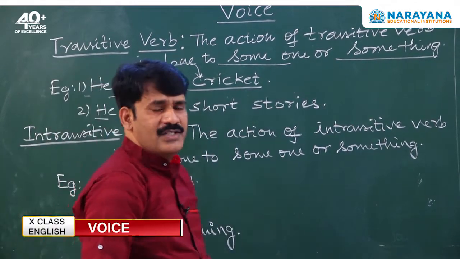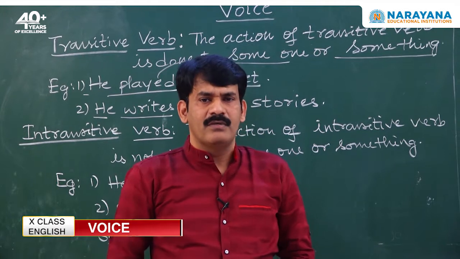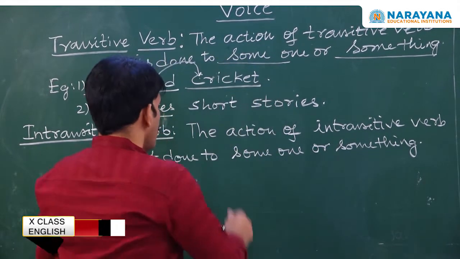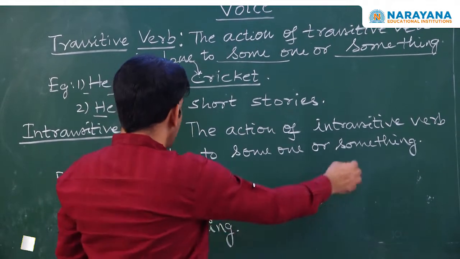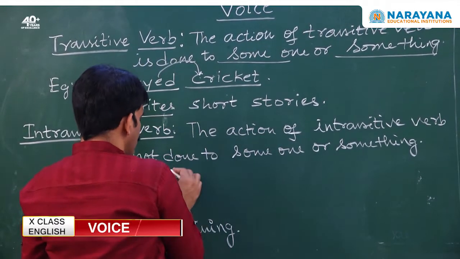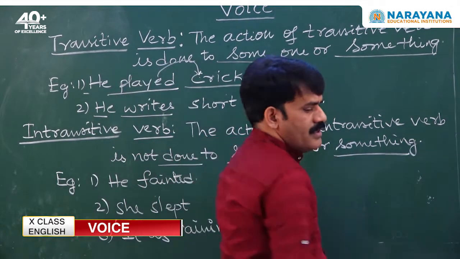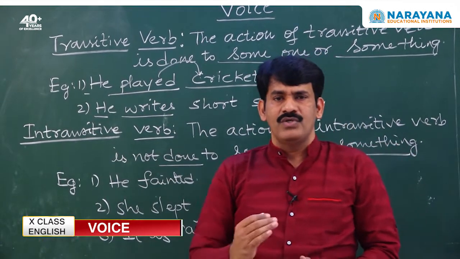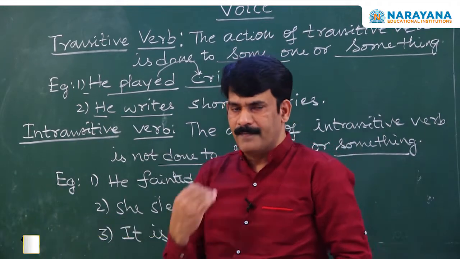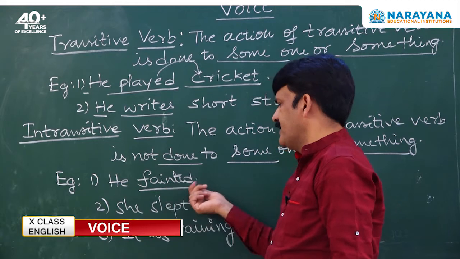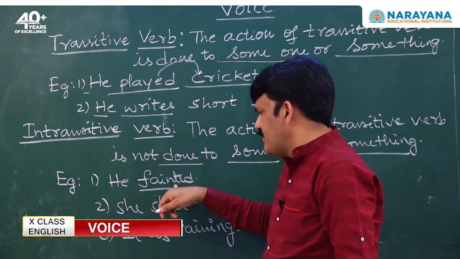Then what is an intransitive verb? An intransitive verb does not require any object, which means the action of an intransitive verb is not done to someone or something. It's quite opposite to the transitive verb. See the examples. He fainted.